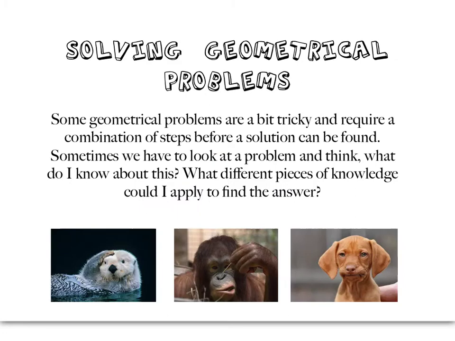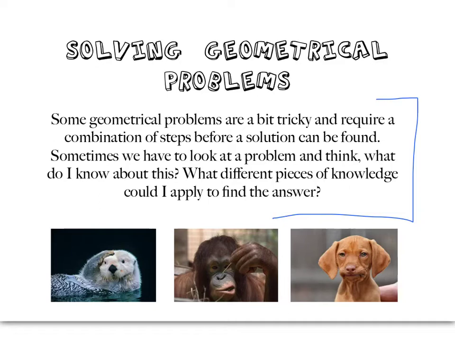When we're solving geometrical problems, I need you to write these words down, please. Some geometrical problems are a little bit tricky and they require a combination of steps. So not just one step, but a combination of a few things before a solution can be found, before we can come to an answer.